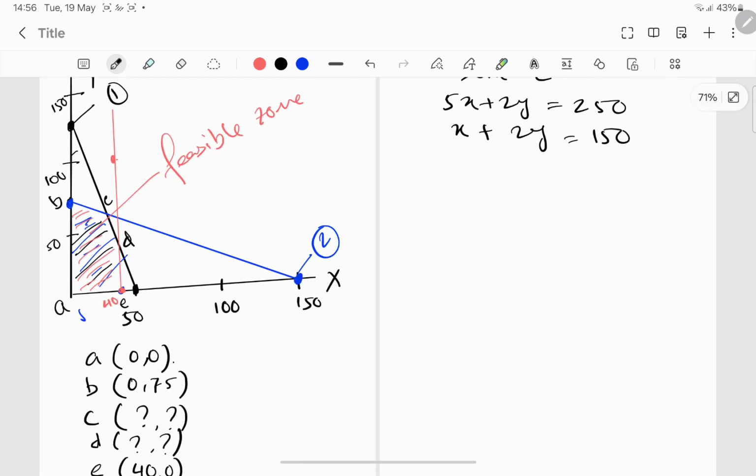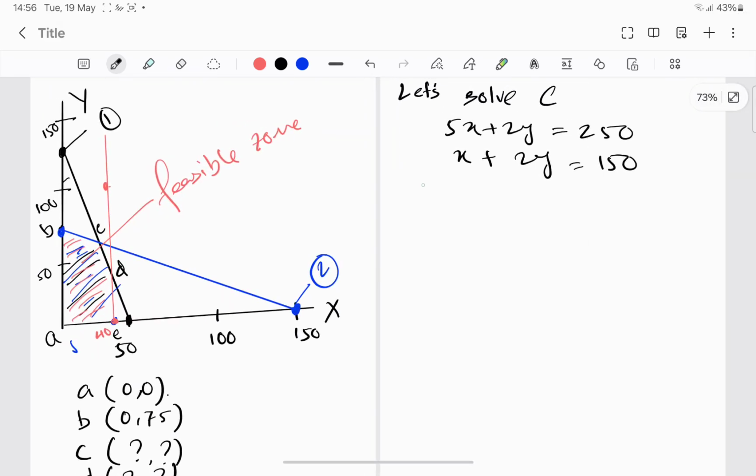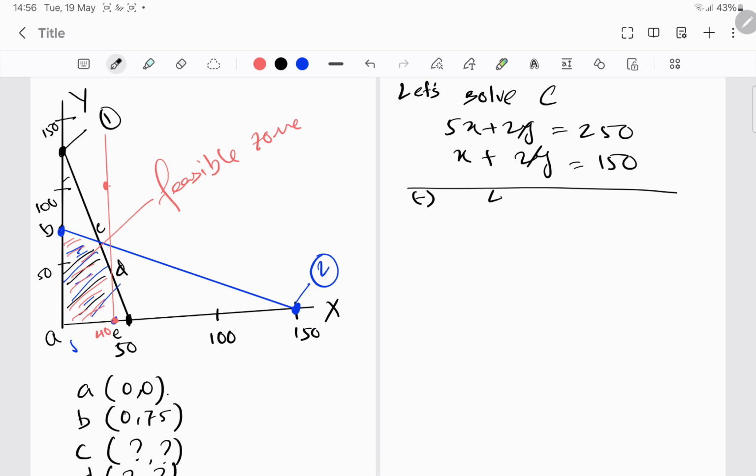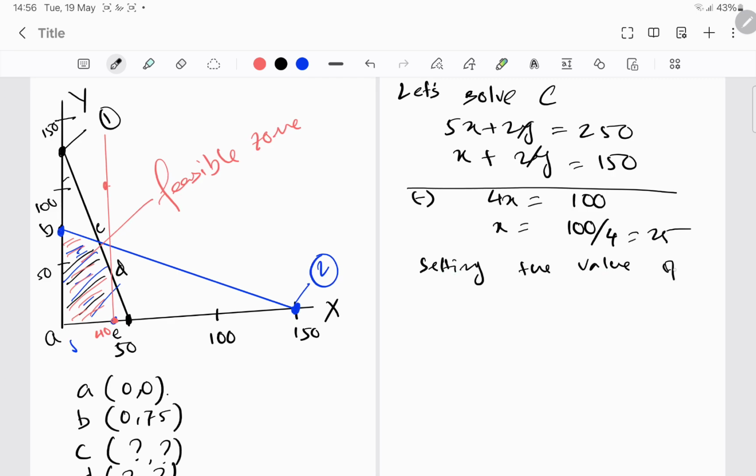We'll just subtract, and we can cut the y. We'll have 4x equal to 100. So x equals 100 divided by 4, which is 25. So we got the value of x. Now setting the value of x in any equation, say equation 2.